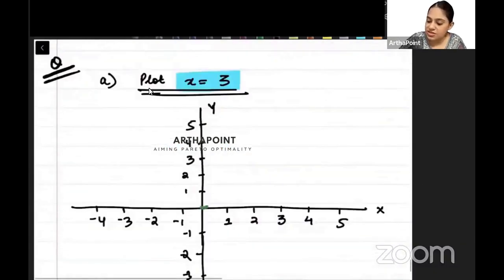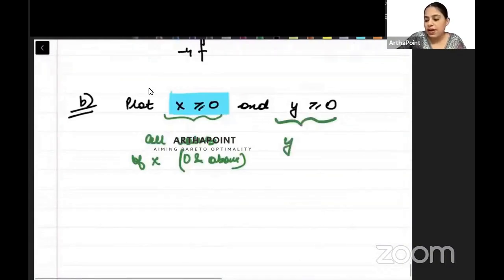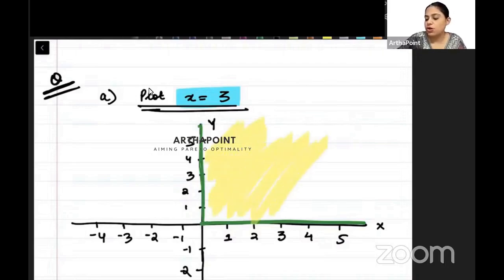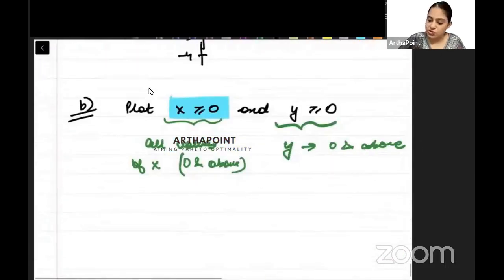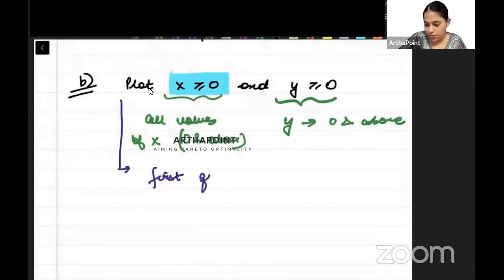We can take all values of x. And for y also, all values of y 0 and above. That means x is positive or 0. y is positive or 0. That means we are talking about all the points that lie in this quadrant. We are talking about the first quadrant. So the answer to this question will be the first quadrant.